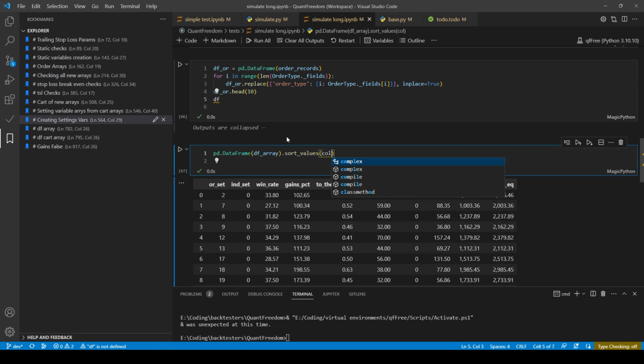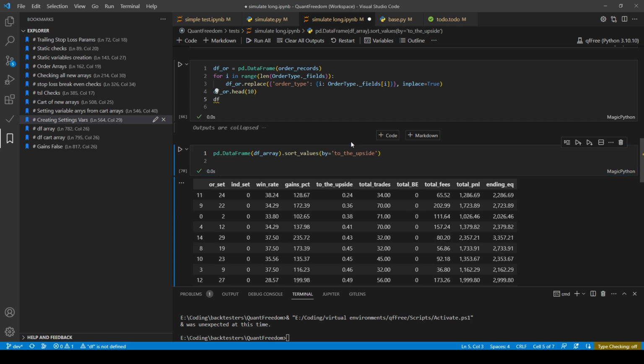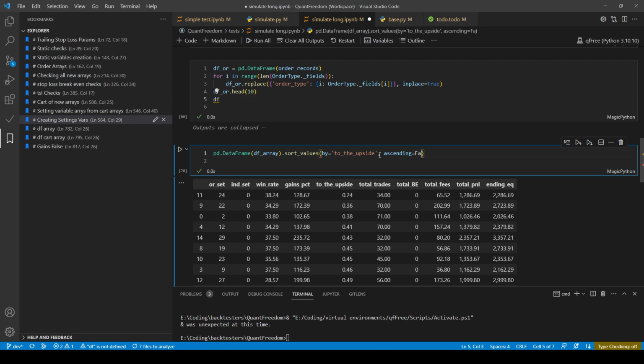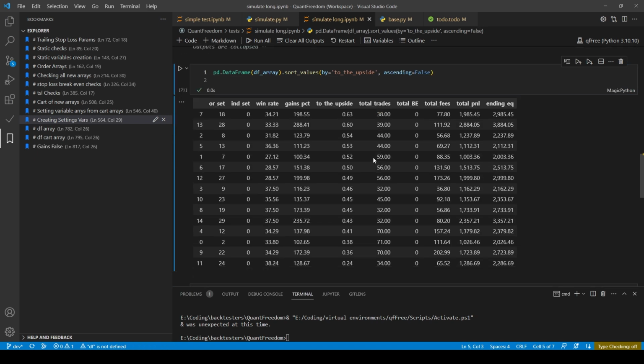Sort values, pandas, sort values, by, they do have a by. Wow, okay, by equals to the upside. Then we're gonna say ascending. Bam! So this one, I guess, did the best.